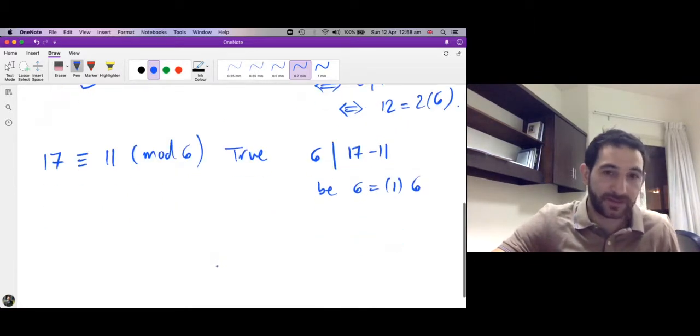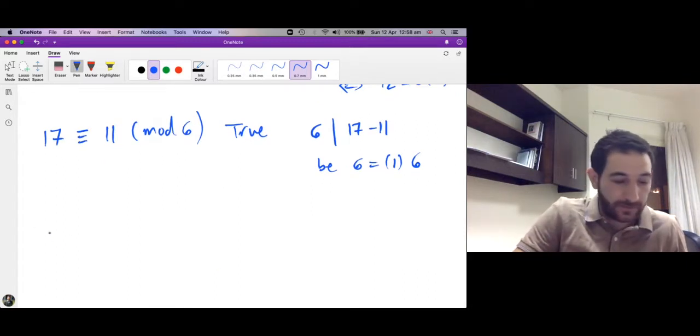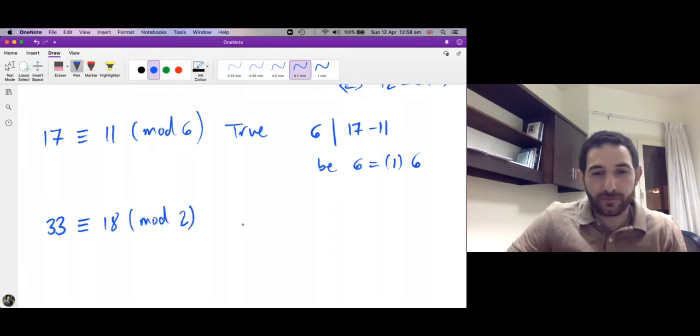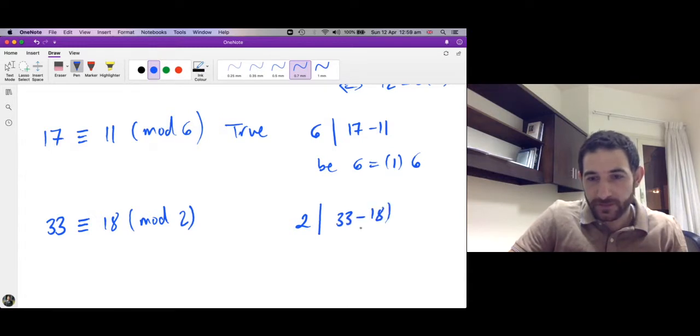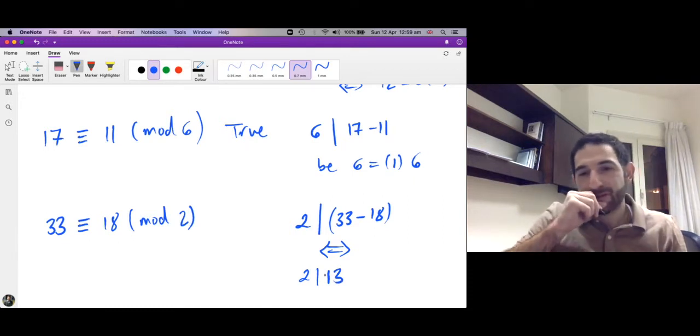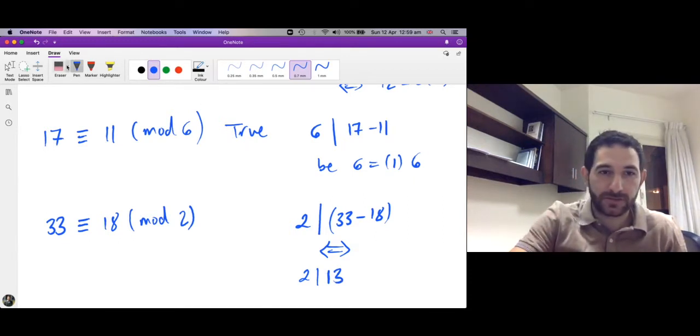Let's take another example. Look at the example: 33 is congruent to 18 modulo 2. Is this true or false? What does it mean? It means that 2 divides the difference between 33 and 18. This is true if and only if 2 divides the difference. What is the difference? It's 15, it's odd anyway.